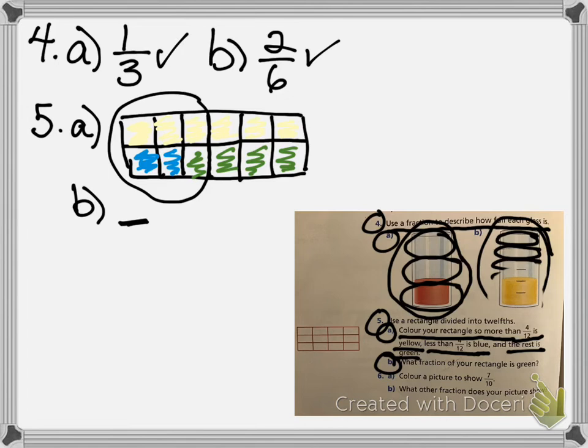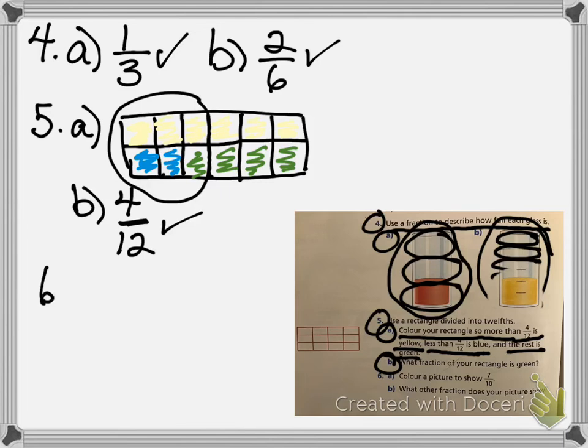All right, if you're back with me, the number on the bottom, the denominator, is all the possible sections. So altogether, there are 12 sections. That should be the number on the bottom. We colored 4 green, so I'm going to put 4 on top. Okay, so if you got 4/12, that is correct.